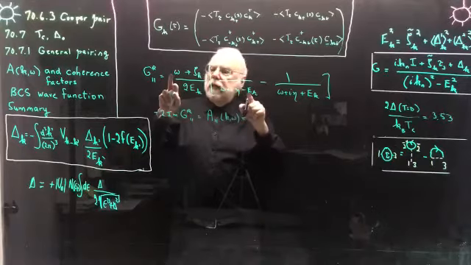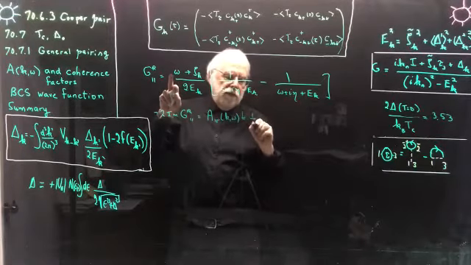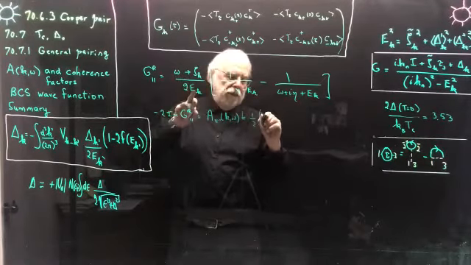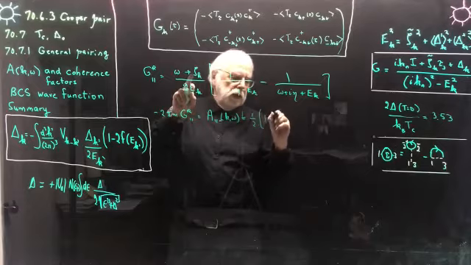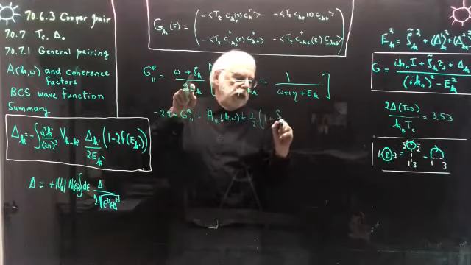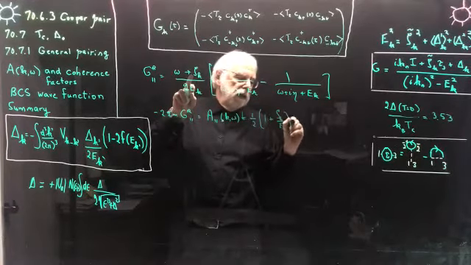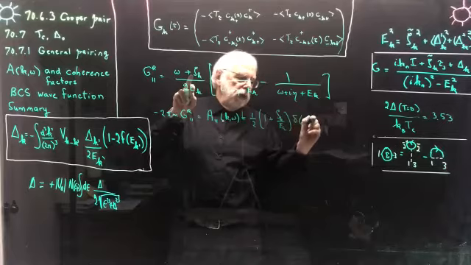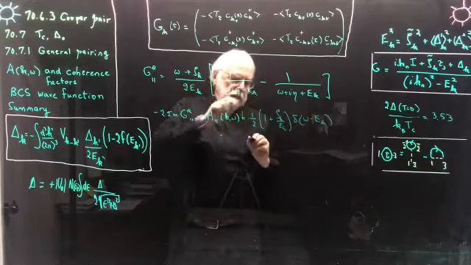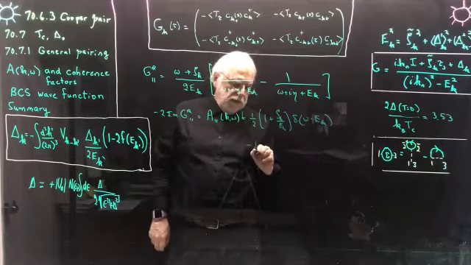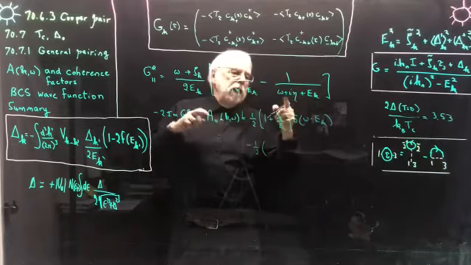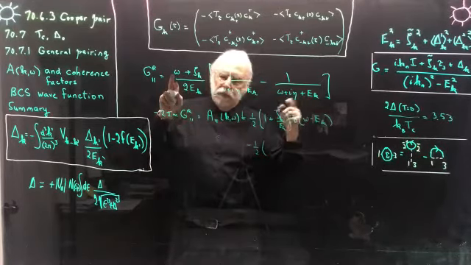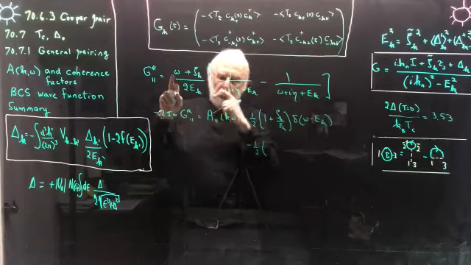here this will be Ek, so I will have 1/2 the Ek simplify of 1 plus zeta k over Ek, delta of omega minus Ek. And then I have this, so minus 1/2. Now omega is equal to minus Ek, when I take the imaginary part.